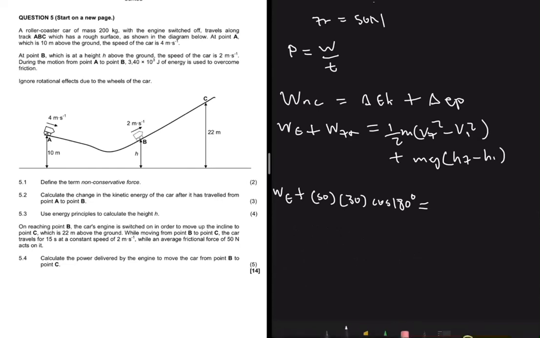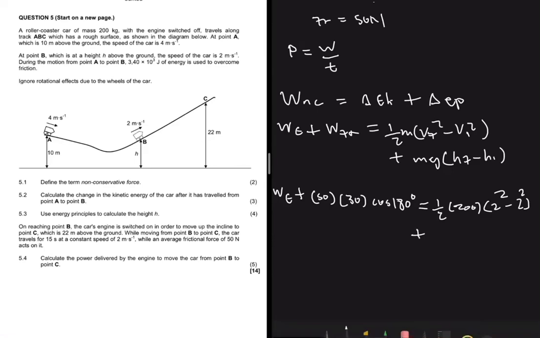the change in kinetic energy. So we have 1 over 2, 200, the velocity final is 2 meters per second squared minus the velocity initial 2 meters per second squared, because it says it is moving at a constant speed.